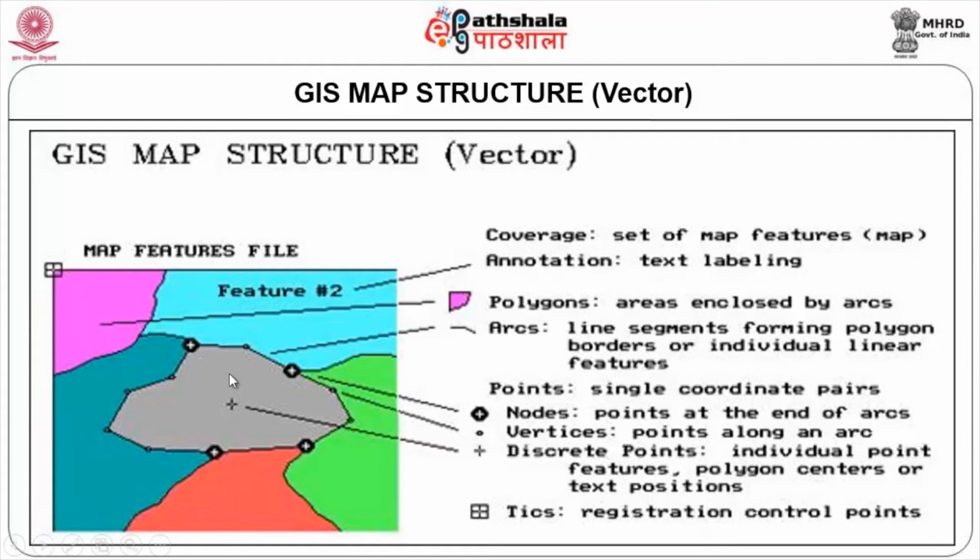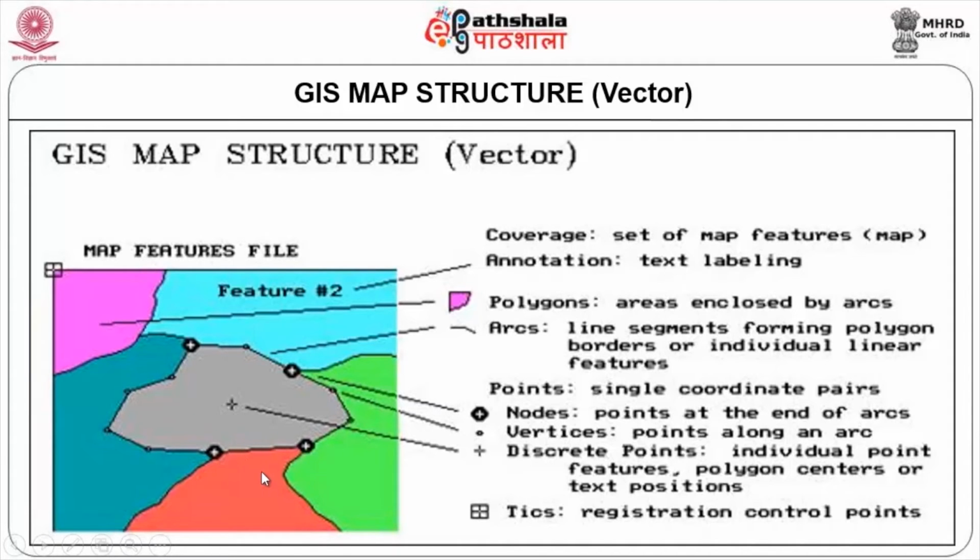Of course, when I talk about the nodes part of it, you should know this is what I was telling you, the node. For this particular arc, this is the beginning node and this is the ending node, and this is your vertex, or vertices if it is in plural. Of course, with this you can call it vertices: node, vertex 1, vertex 2 and the node. And you see here there are no vertex, because there is no change in direction.